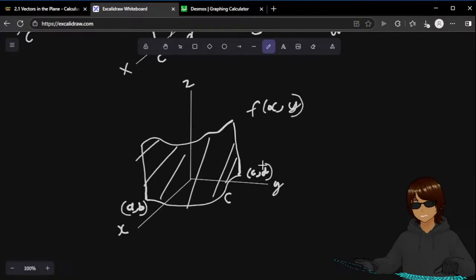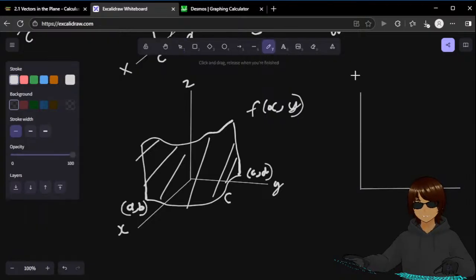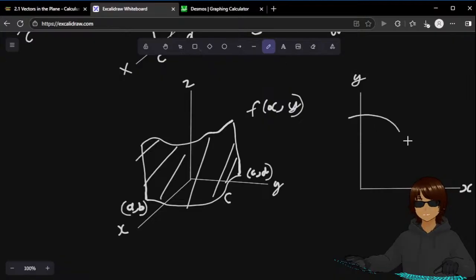First, let's focus on the curve first. This is the xy plane. Let's say the curve is defined by a vector, by the path a vector traces, a vector valued function.